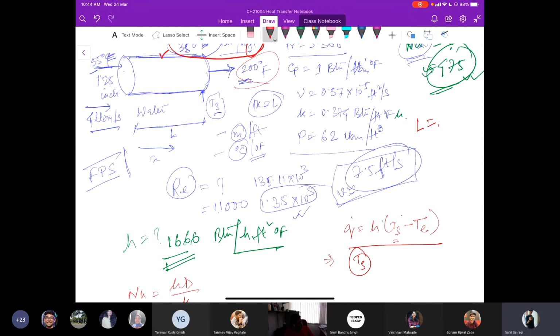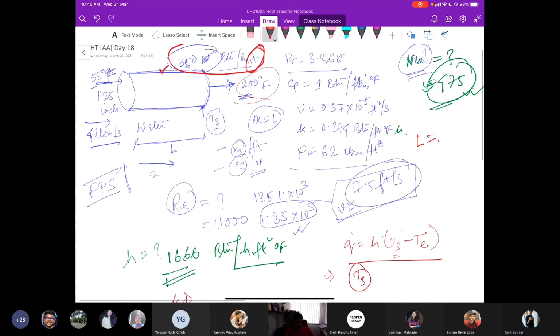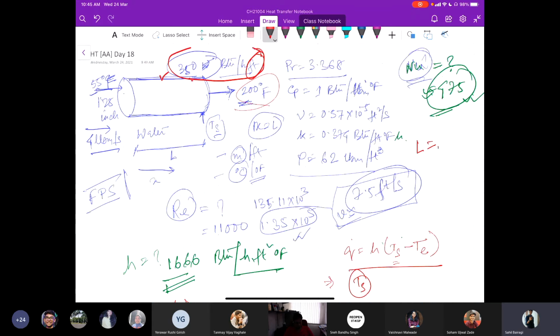Q dot, it's mentioned 350 watt is given, so now we have to convert it into BTU per hour. No, I corrected that in the next step. 350 BTU per hour per feet. Yes, sir, I got it.